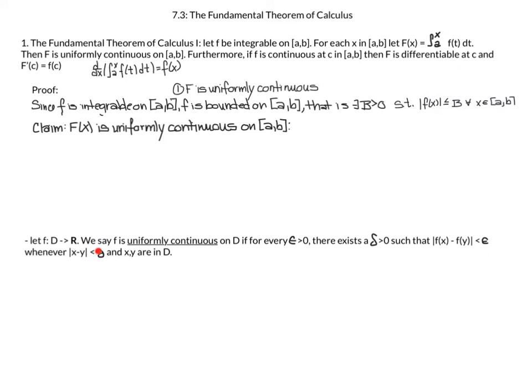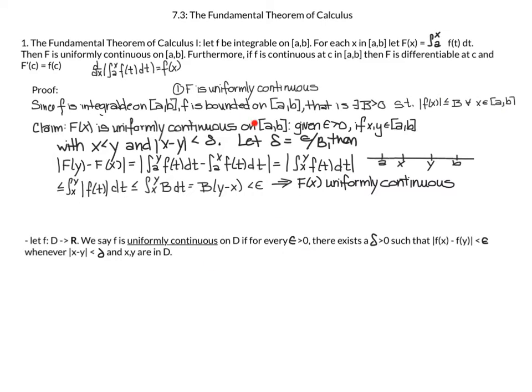So give me an epsilon, and I can give you a delta such that if you keep the distance between x and y less than delta, then the distance between f of x and f of y will be less than epsilon.